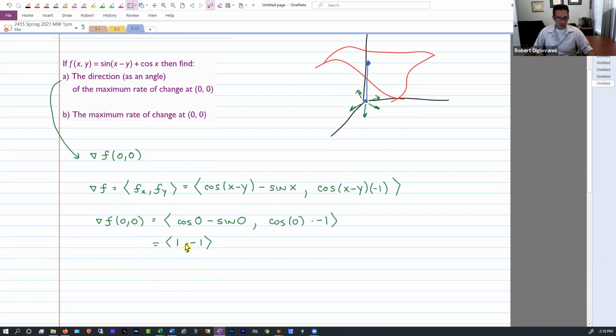This vector is pointing in the direction that I need to point in order to get the maximum rate of change. If we look at this picture from the top down, here's x, here's y. We need to be pointing in the direction of this vector, 1, negative 1, which means to the right 1, down 1. Here's the direction we need to be pointed in.